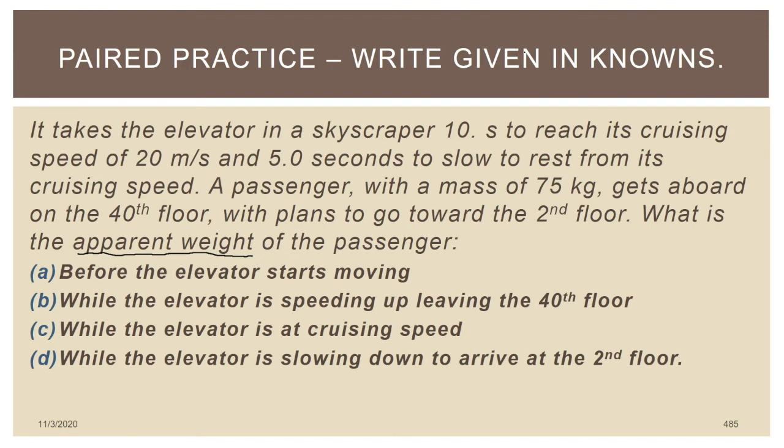So the important thing to realize here is that the elevator is starting on the 40th floor, and it's going down toward the second floor. And so here, for part B, we have the initial velocity of the elevator being 0 meters per second. The final velocity here is negative 20 meters per second because the elevator is going down. And so the final velocity should be negative.